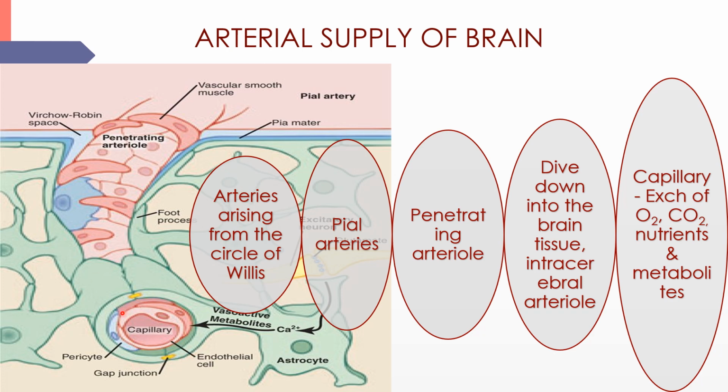Here the exchange of gases, nutrients and metabolites happens. This is the Virchow-Robin space.